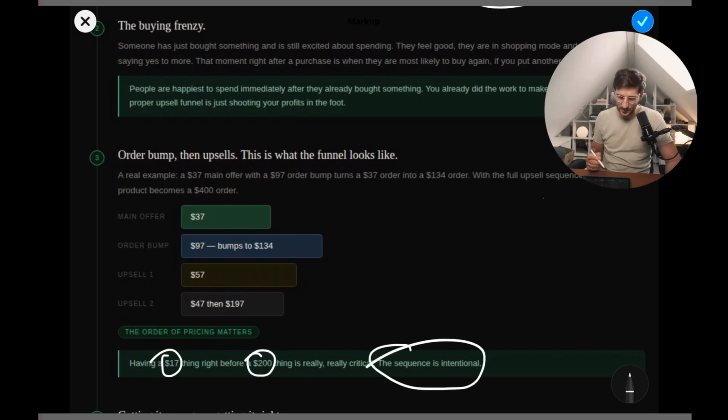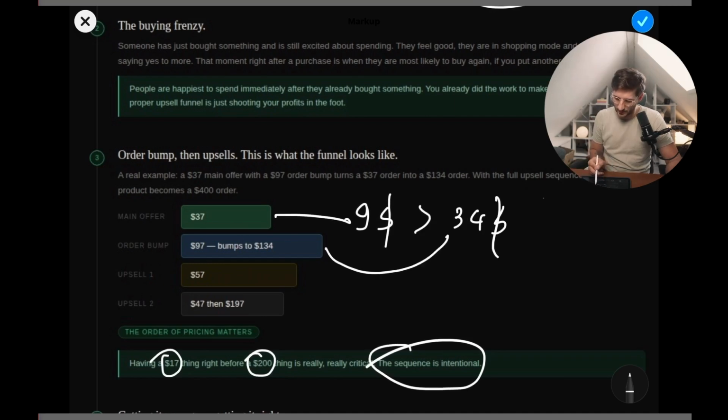And the sequence is intentional because I'm doing it with $9 products. So I want to have a $9 product, then show them a $34 product, then upsell them. So this is here, this is here. We upsell them to 54, let's say.